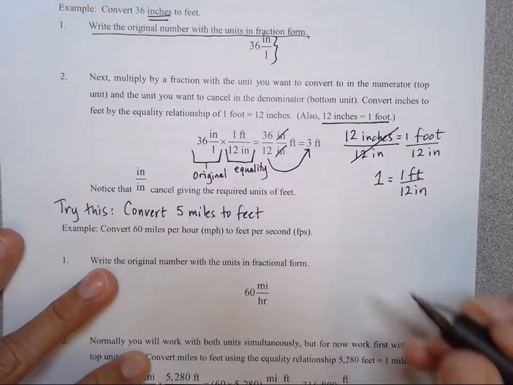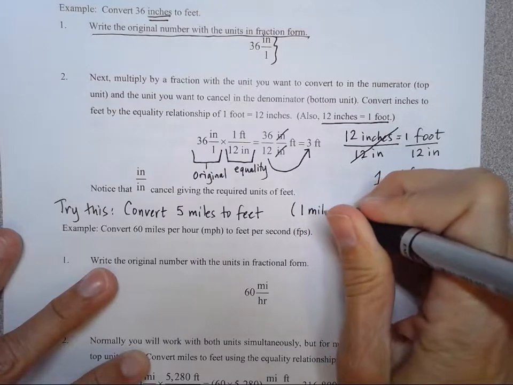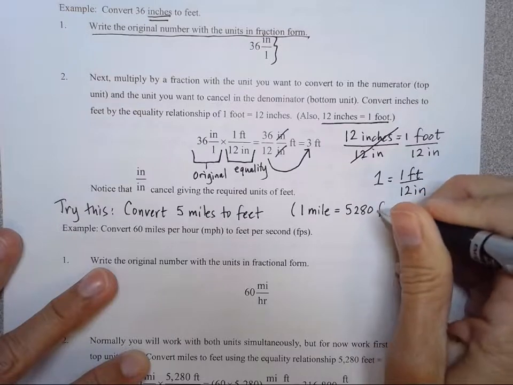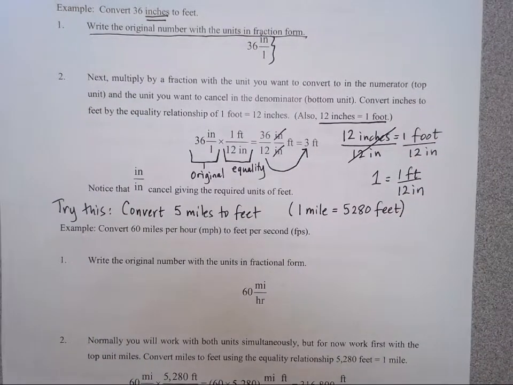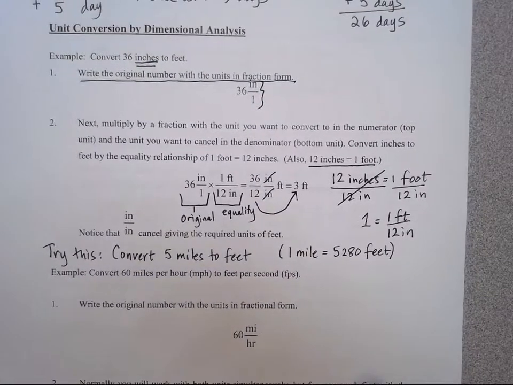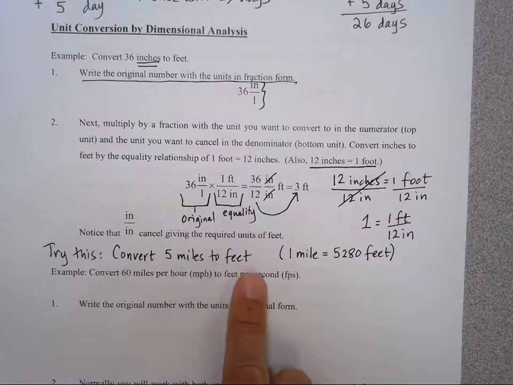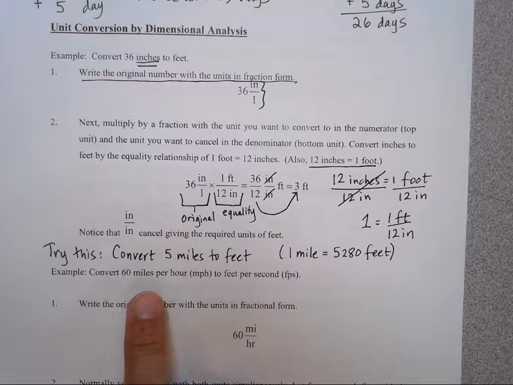And I'm going to tell you here about the equality that 1 mile equals 5280 feet. Okay, so using what we just did in this first example, go ahead and convert 5 miles to feet. Send me that answer in the Q&A section, and then we'll go over how to do that and move on here to the next step where we're going to convert miles per hour to feet per second.